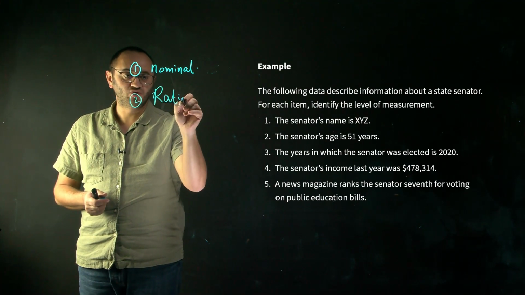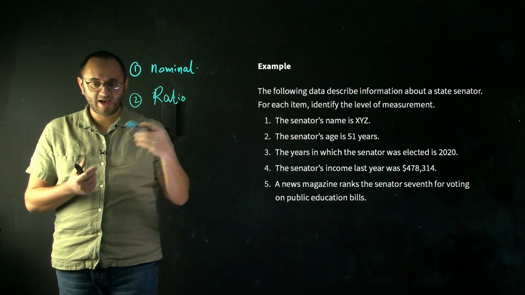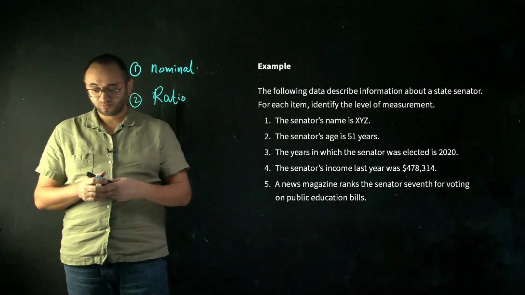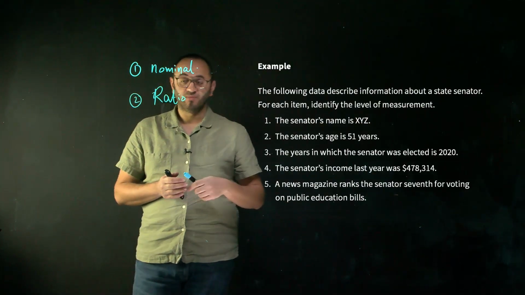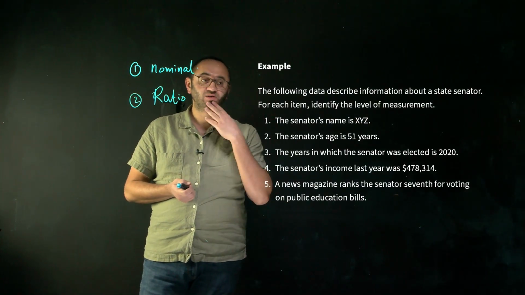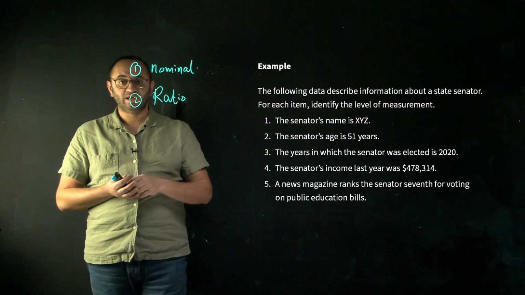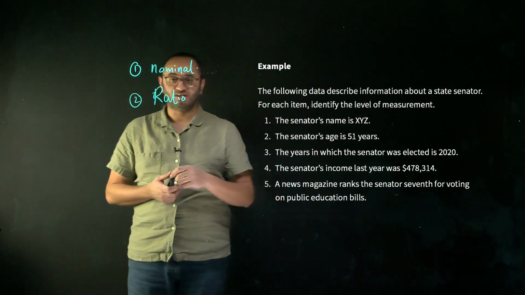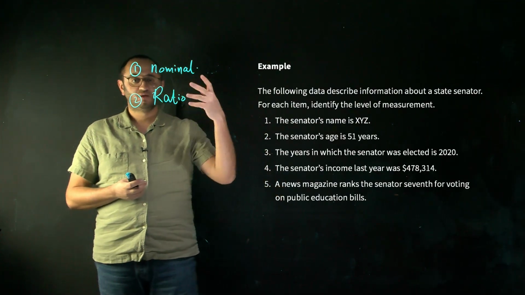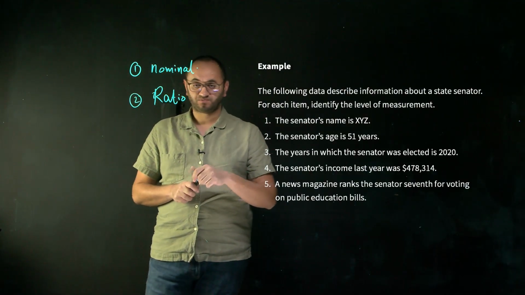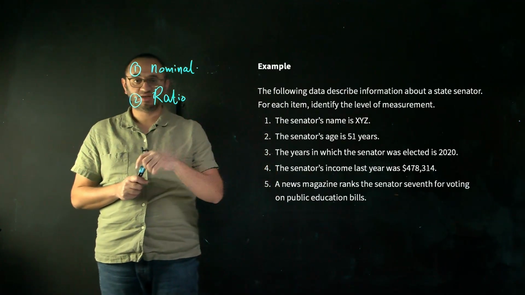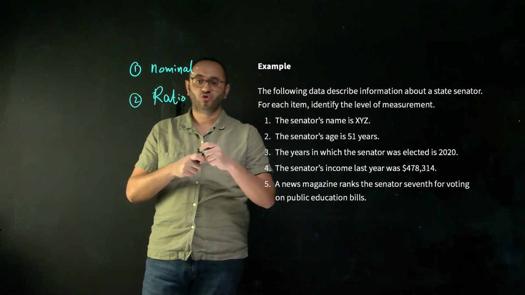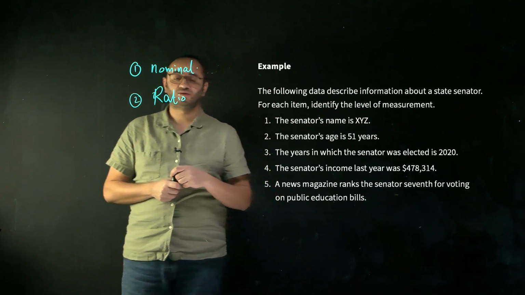And for ratio, we can add, multiply, and divide. For example, if the senator age is 60 years and your age is 30 years, this means this senator has double your age, right? Or your age is half of the senator's age.